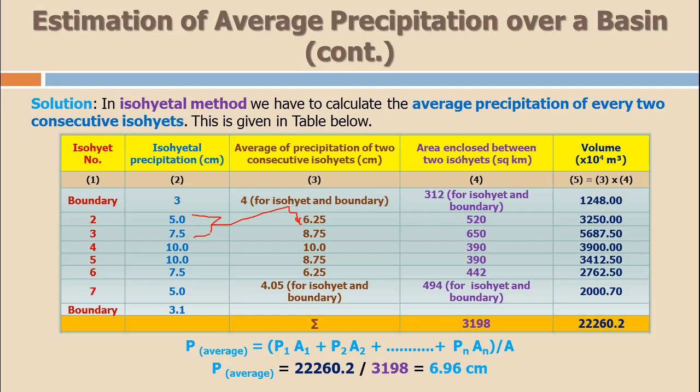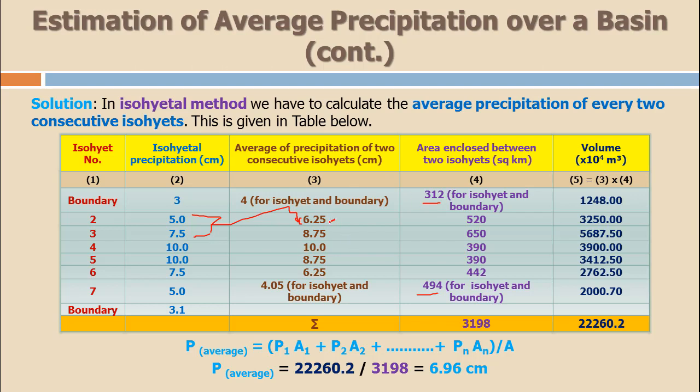And the area enclosed between these 2 isohyets is already given. This area is taken from the note, and this area is taken from the note, and the remaining areas are already given. So now multiply this area with this average precipitation. So 312 square kilometer multiplied by 4 centimeter. But remember again, the unit conversion is very important.